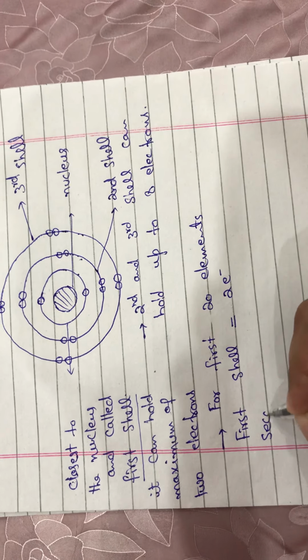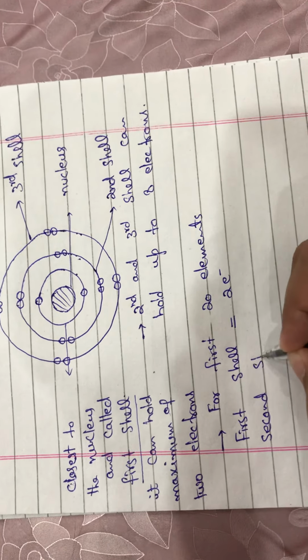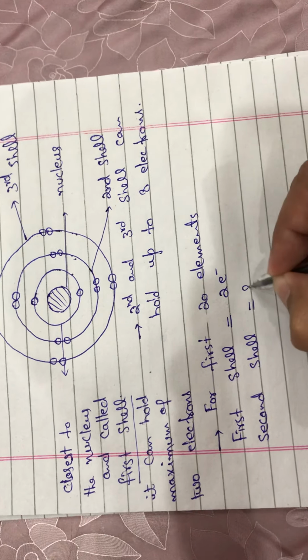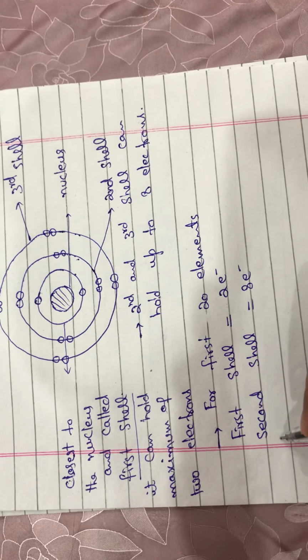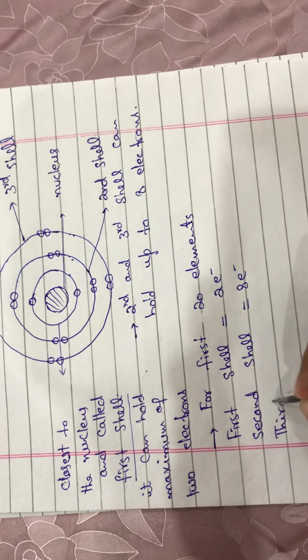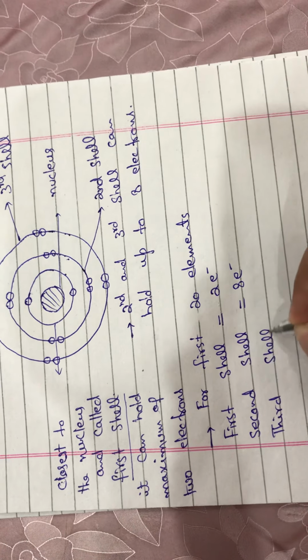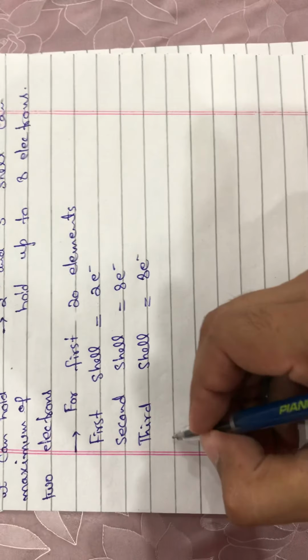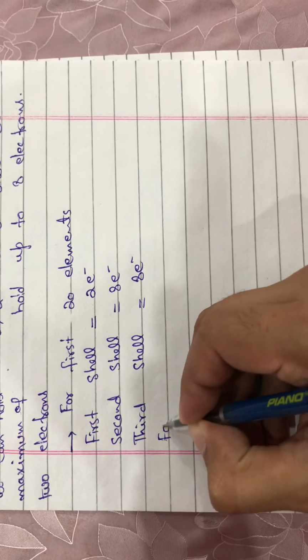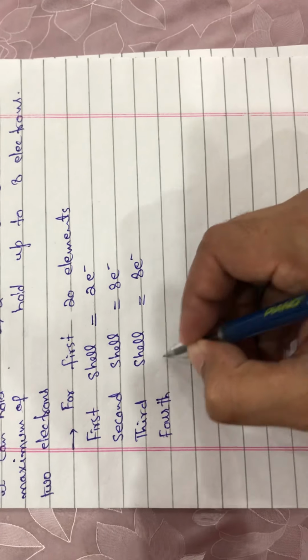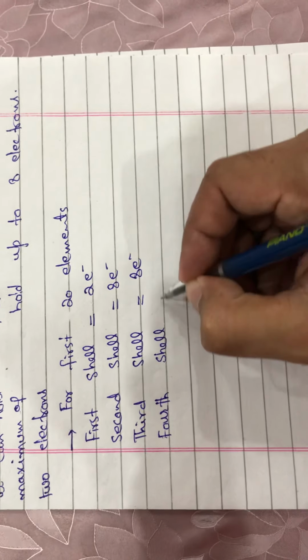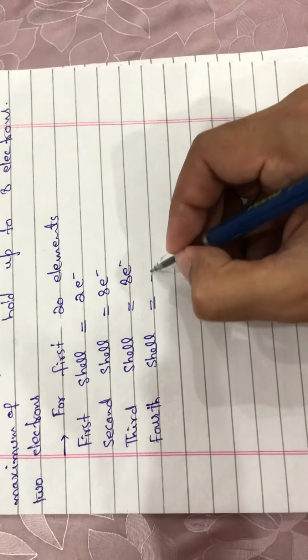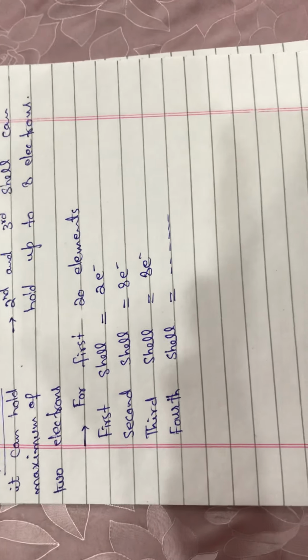Second shell, how many electrons? 8 electrons. Third shell, how many electrons? 8 electrons. And the rest of the electrons can go to the fourth shell. They are moving to the fourth shell, the rest of the electrons.